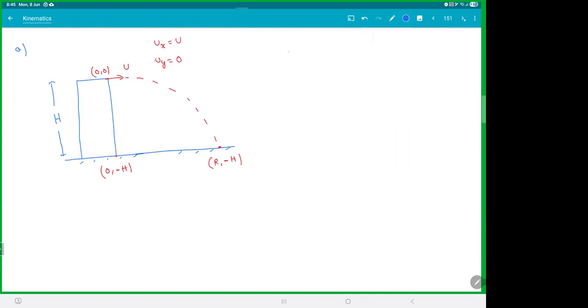We use the equation sy equals uy t plus half ay t square. Remember, whenever you want to find time, only the vertical direction will matter. Horizontal will never affect your time. What is sy? The negative displacement, so minus h. Signs are important. If you forget a sign, everything will go for a toss. uy is 0 because you're throwing horizontally, minus half g t1 square.